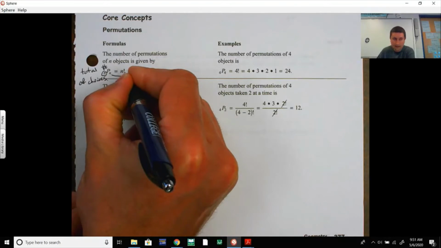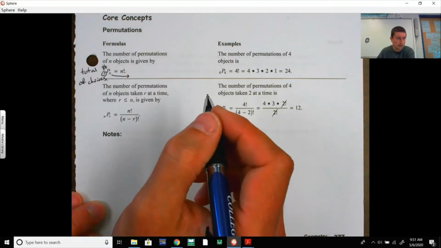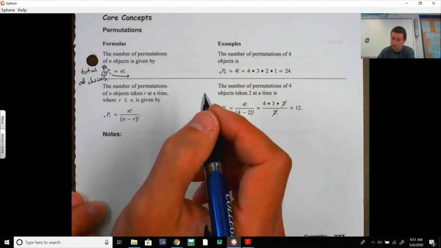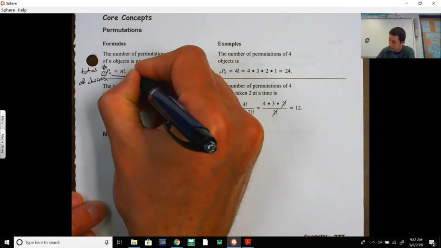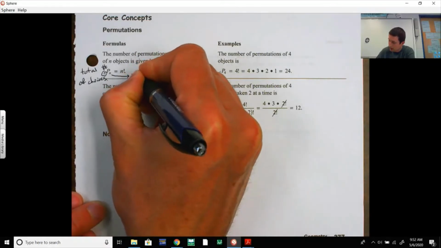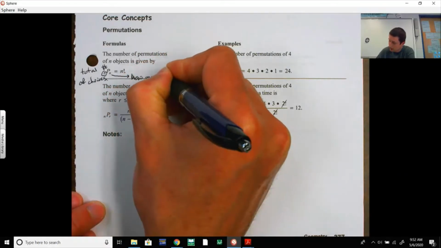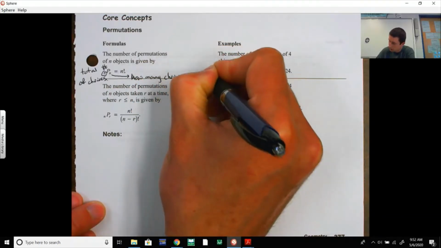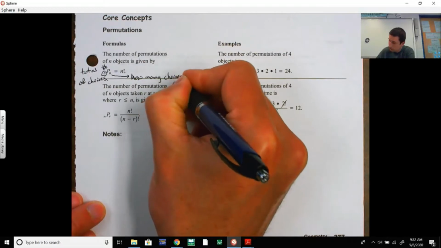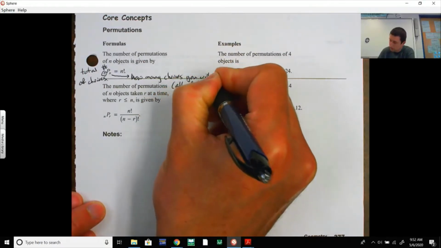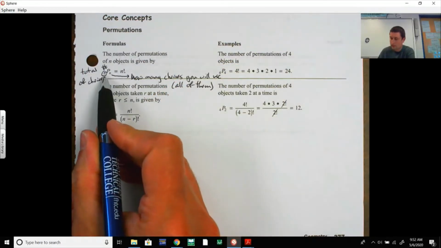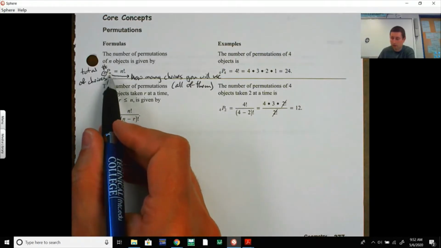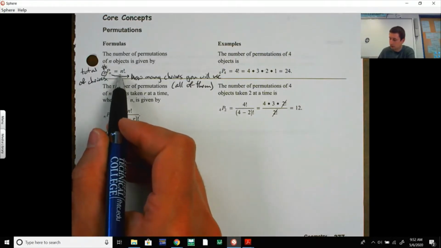The second n is how many choices you will use. In this case, you're using all of them. Okay? So n permutated n times would equal n factorial.